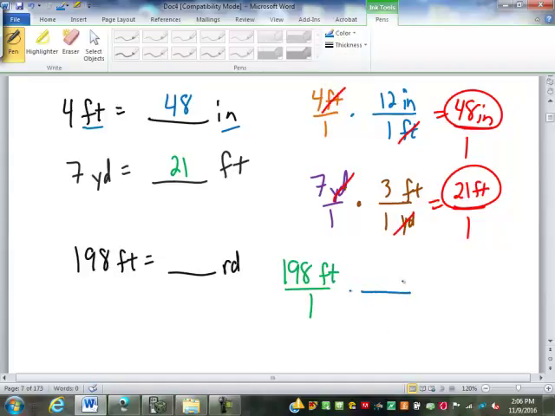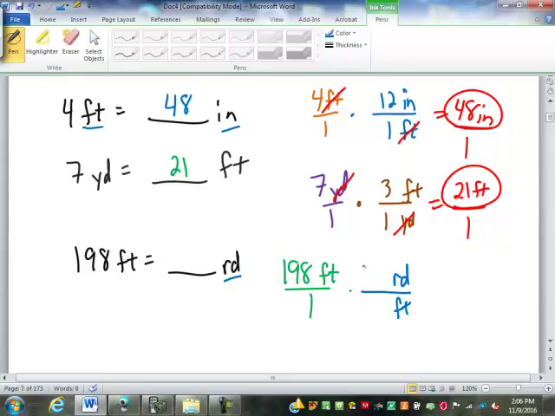In my conversion factor, what unit goes on bottom? Feet, because that has to cancel out the other feet. What's going to go on top then? Well, I'm changing it to rods. What's my relationship between feet and rods?